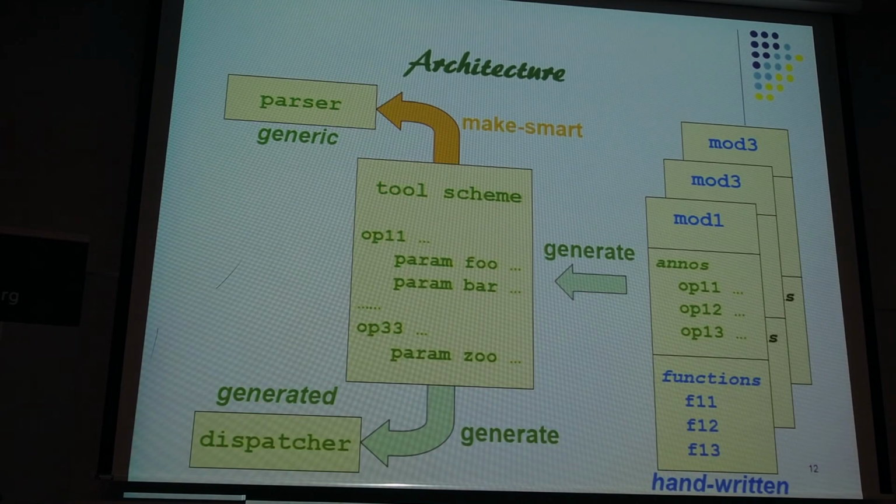What it does, in fact, is analyze all these text files, extract the annotations and generate a tool scheme. From this, it generates the main module, the dispatcher, and it makes the tool scheme available to the generic parser, making it smart, giving it the possibility to inform it about the types, the valid names, and so on.